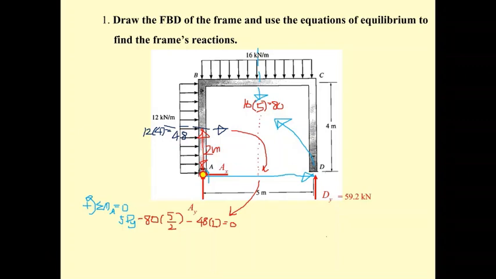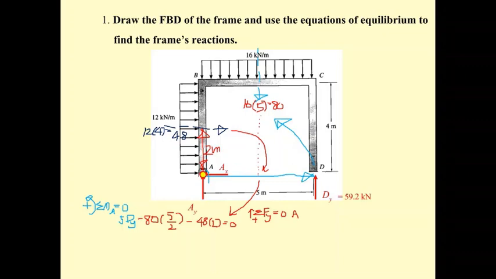Okay, then we have the summation of F sub y equal to 0 in order to determine A sub y. A sub y is upward, so let's take upward as positive.